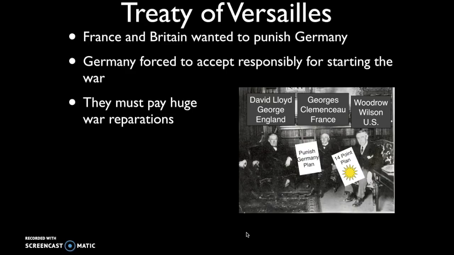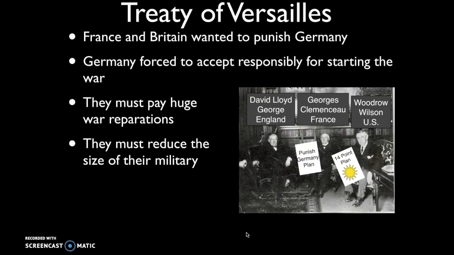They wanted Germany to have to pay huge war reparations, and if you'll recall, it was around $30 billion that Germany was required to pay in order to compensate the French and the British for damage that was done during World War I. They also had to reduce the size of their military to around 100,000 soldiers and about 6 battleships, and they had to completely reduce the size of their air force.